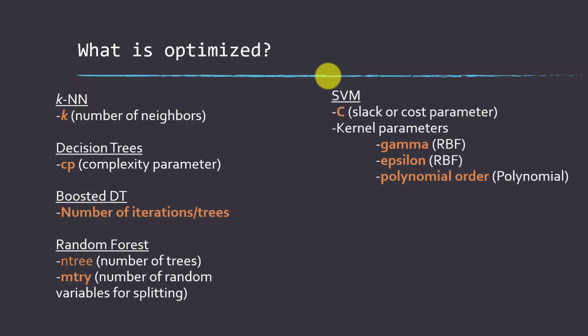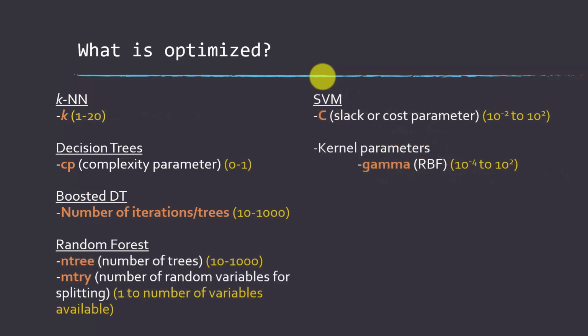But then the other question is what values do you actually have to try? Here are just some suggestions that I got from the literature. 1 to 20 for the number in KNN, 0 to 1 for the complexity parameter, 10 to 1,000 trees for boosting, and random forest 10 to 1,000 trees. For mtry, there actually is a limited number, so it's basically 1 up to the number of variables that are available.